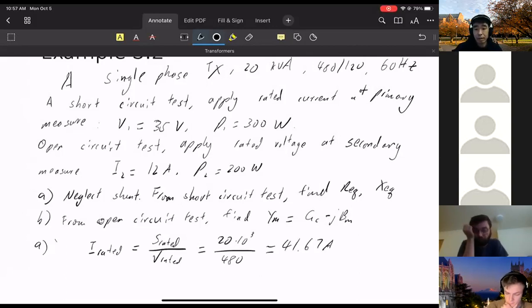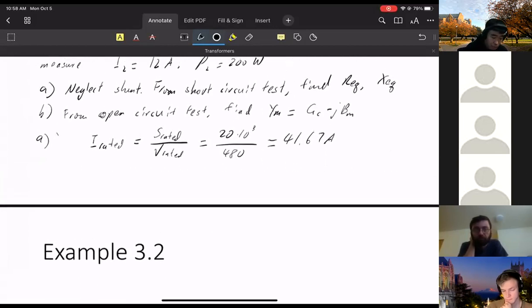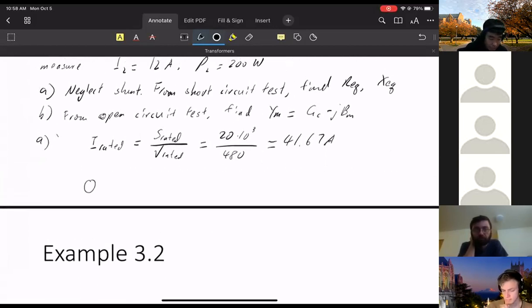So this is our primary current. Now, if you look at the short circuit test, I apply a current. We're going to ignore shunt, so this is my circuit. Then I short the secondary, so this is what I have.